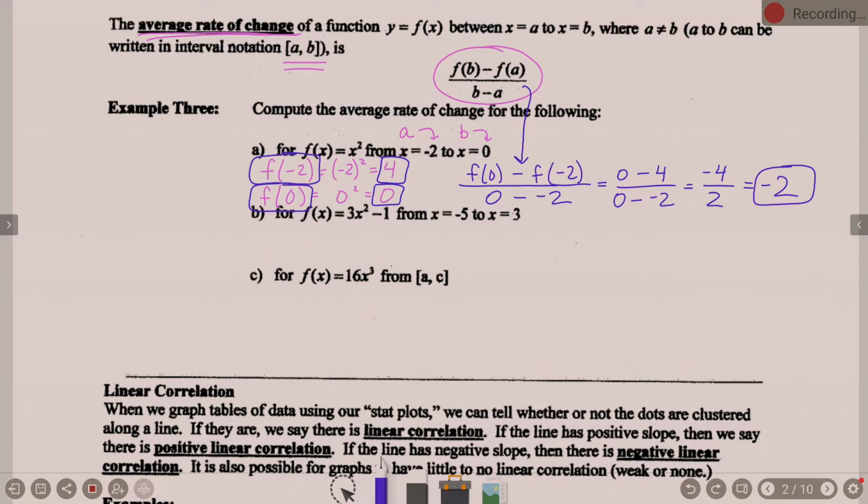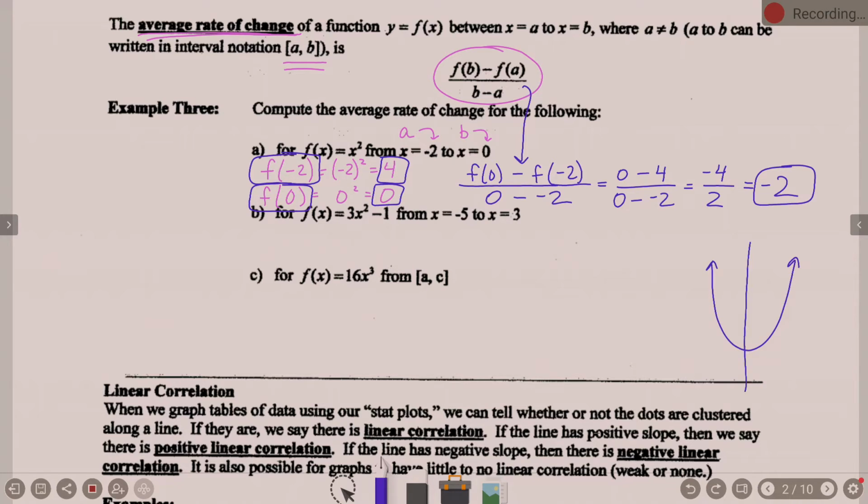Basically, we found the slope of one section of a parabola. So the average slope, or average rate of change, from negative 2 to 0 on this parabola is negative 2. If you think about a parabola, does it make sense that it's negative there? A parabola looks like this, right?